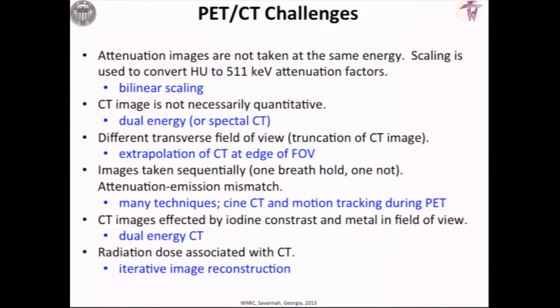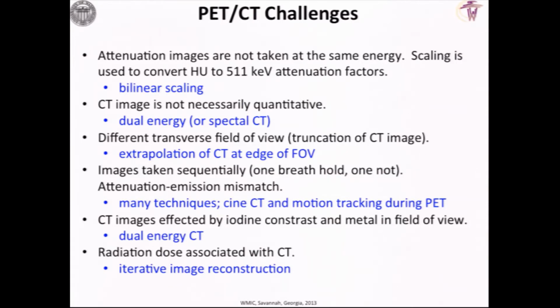For images taken sequentially and at different time periods, there are many techniques being proposed. A lot of them are based on taking cine-CT. So you take CTs of the patient breathing, so you have a CT of different phases of the respiratory motion, and then you do respiratory motion tracking during the PET scan, and then you can combine those images together to get a frozen frame image where you're not getting the effects of the motion.